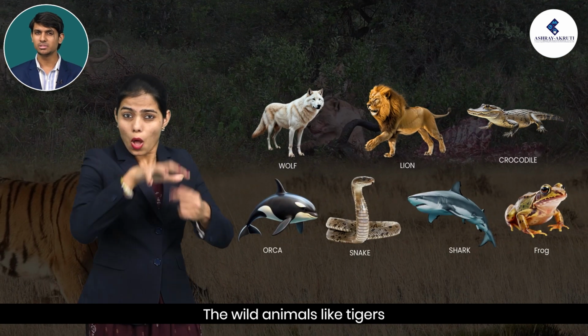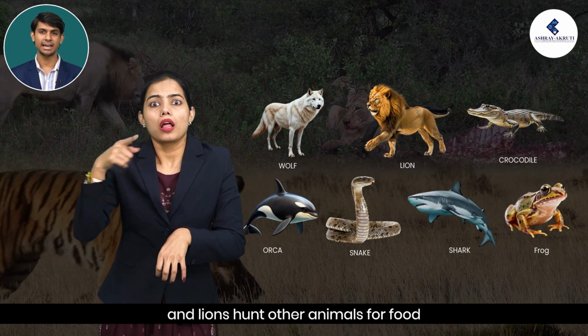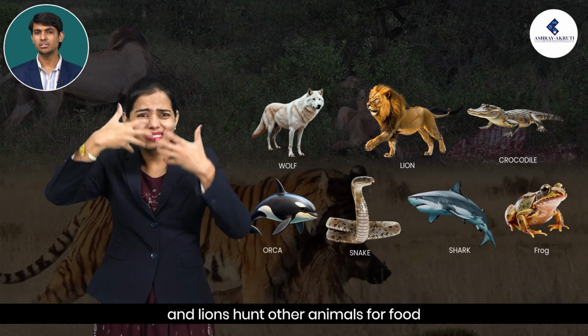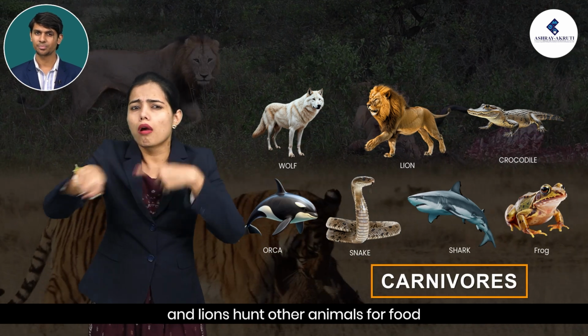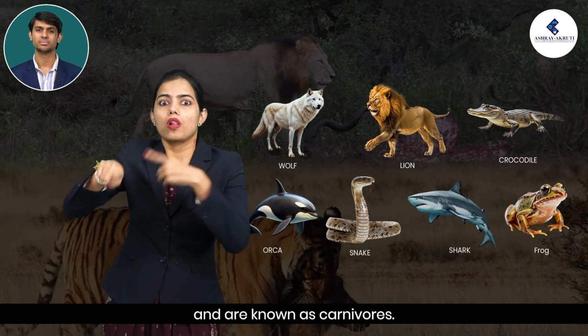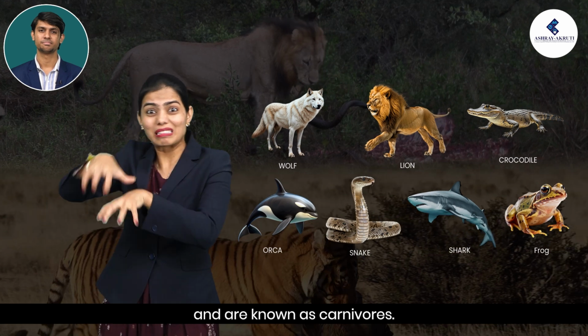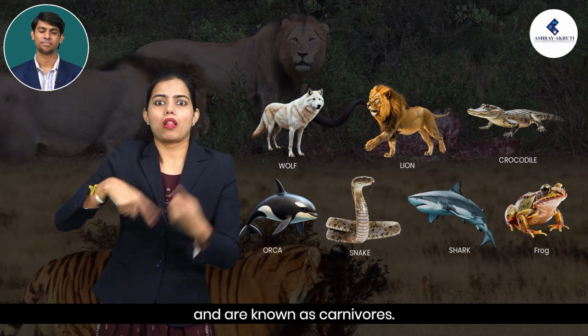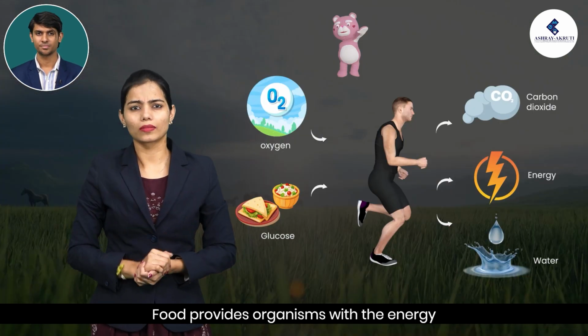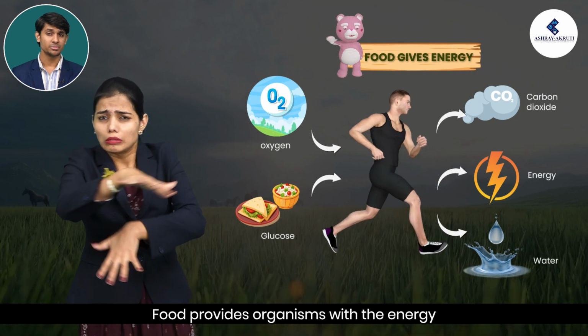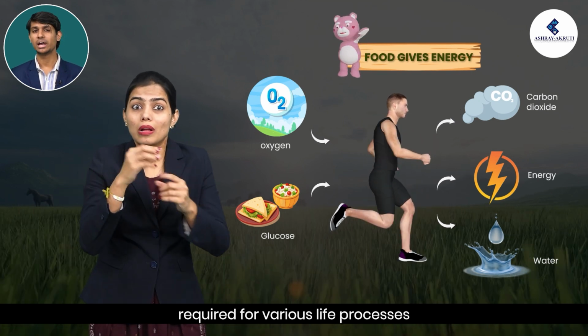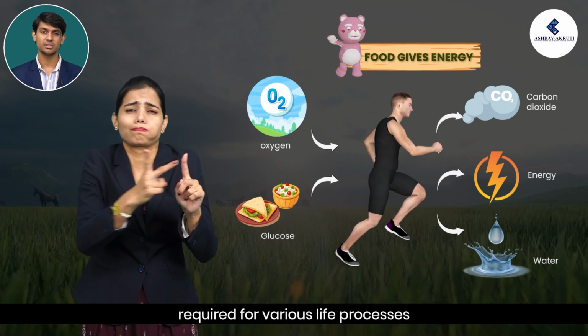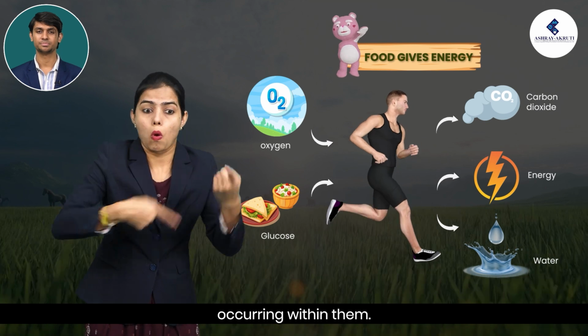The wild animals like tigers and lions hunt other animals for food and are known as carnivores. Food provides organisms with the energy required for various life processes occurring within them.